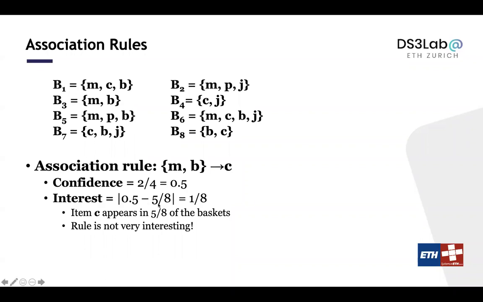You compute the difference between that and your confidence, and you get that the interest of this rule is 1 over 8. After you calculate the interest, this rule is actually not that interesting, because knowing that M and B, the left-hand side, are in your transaction only alters my belief about whether C is going to be there by 1 over 8. That's a very small thing.